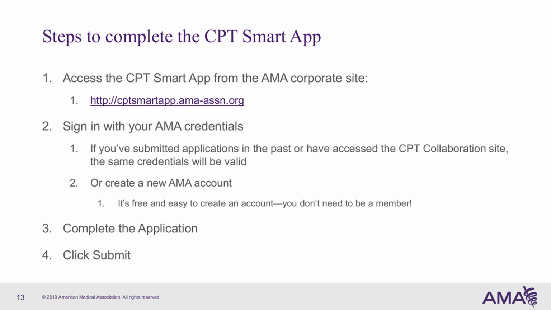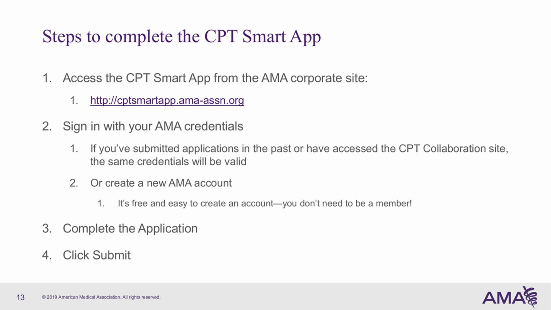If you are an advisor or advisor staff and you're in the collaboration, it's on the top navigation there too. When you go to sign in, your AMA credentials will work. So many of you have been part of the CPT process before. Those same usernames and passwords will work in this system. And then the information you've put there will carry through to this. So you just need that one login for AMA.